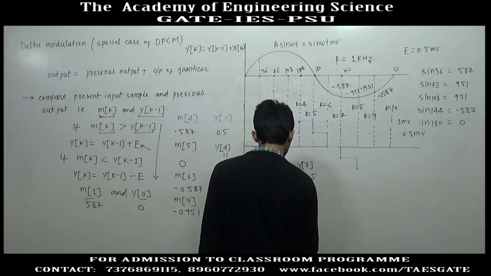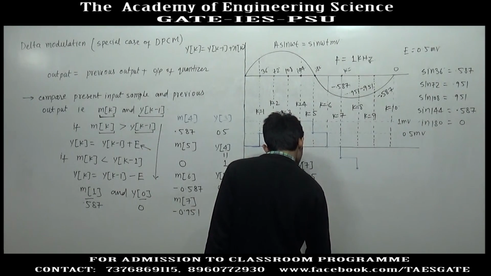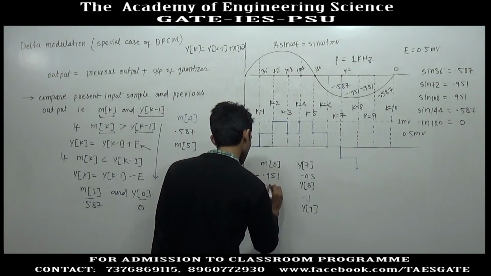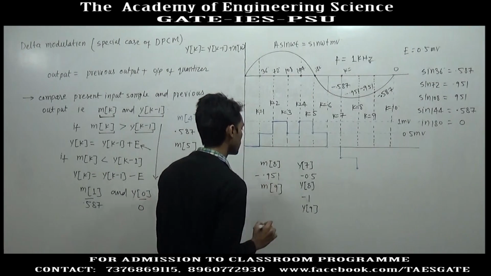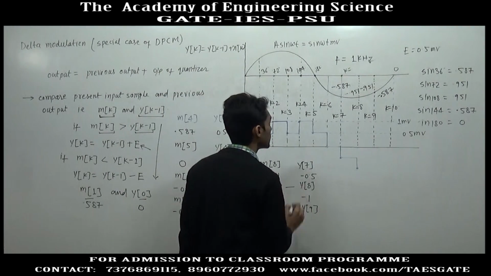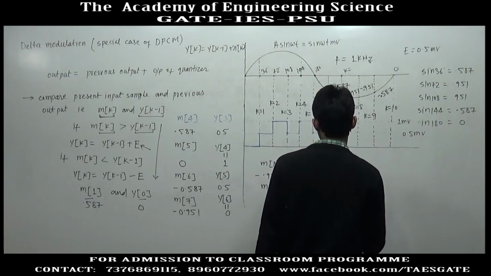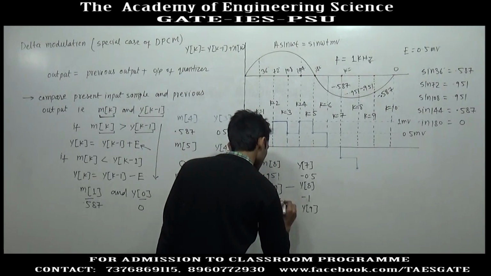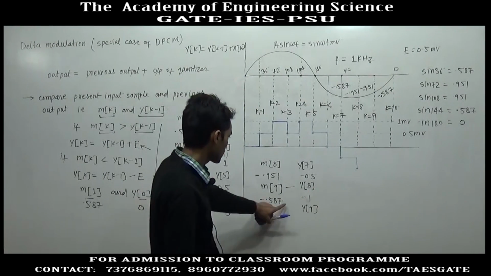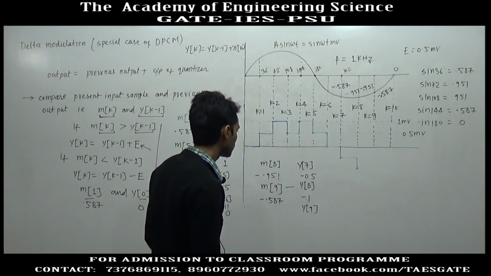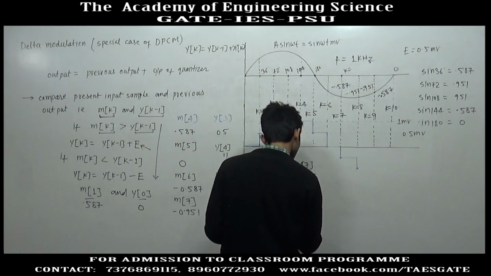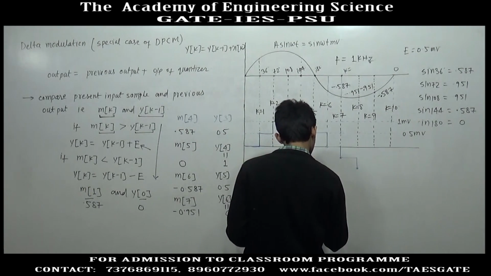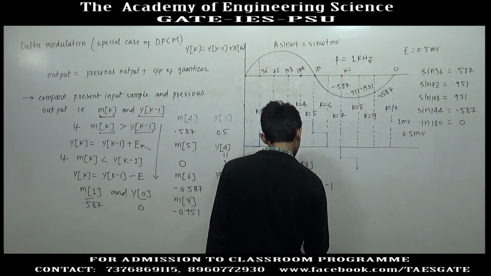To obtain Y9, we will compare M9 and Y8. M9 is, at k equal to 9, the input is minus 0.587 and the previous output Y8 is equal to minus 1.